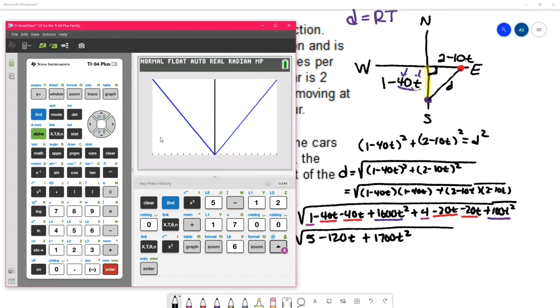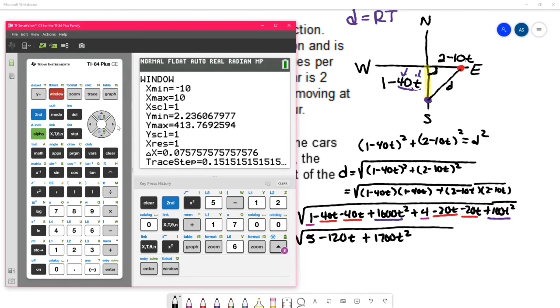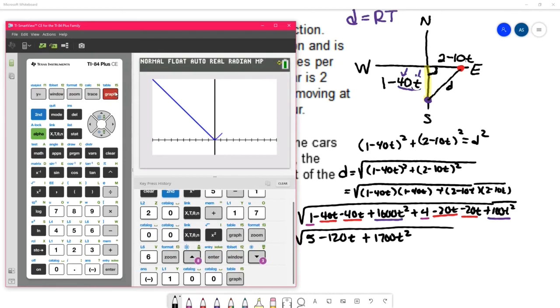I want to zoom in on that a little bit better, so I'm going to change the window so that my low is a little bit lower. Since my high is 400, I'm going to go down to negative 100 just so I can see that dip a little bit better. So now we see that dip in the graph bottom out.